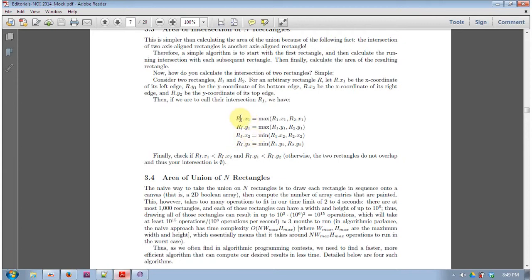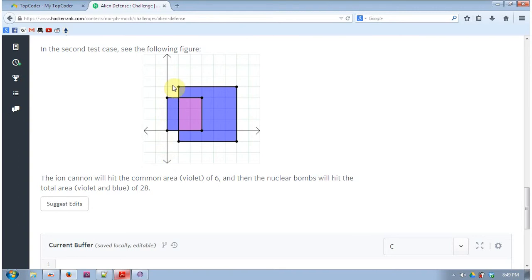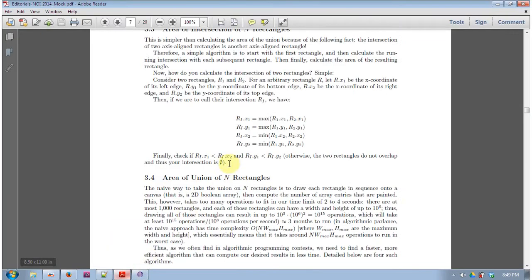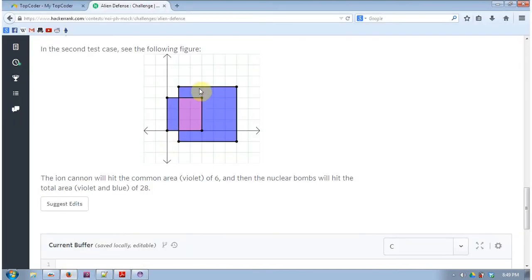Ri of x sub 1 is the maximum of r1 x1 and r2 x1, and ri of x sub 2 is the minimum of r1 x2 and r2 x2.